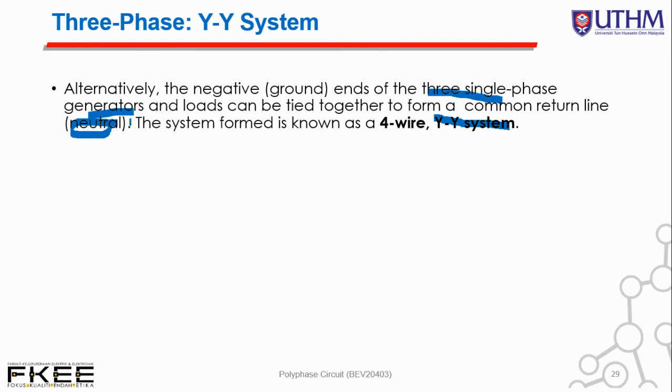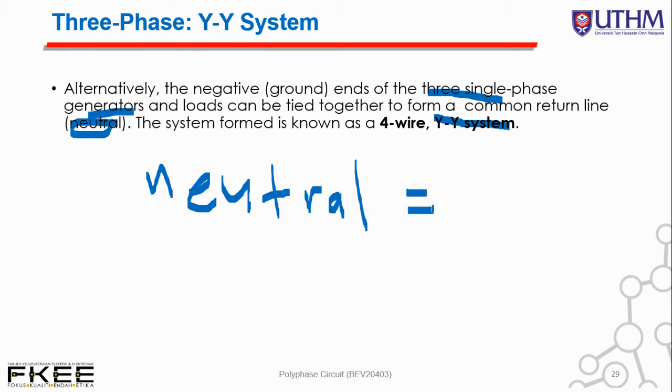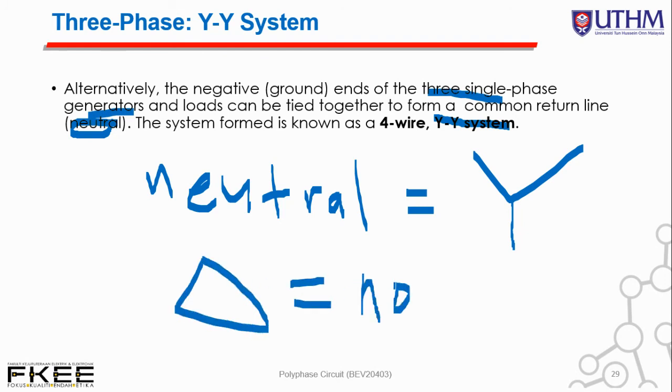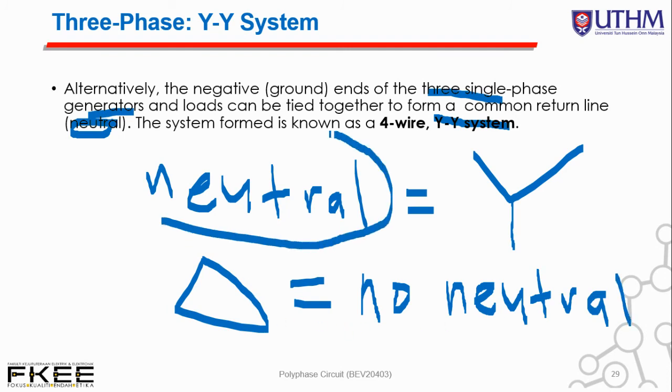So remember, the neutral line is applicable only for Y. Okay, for delta, there is no neutral, because neutral is defined as a common return line. This means there is one common return line.